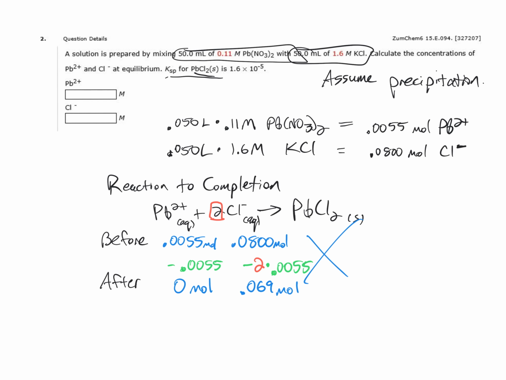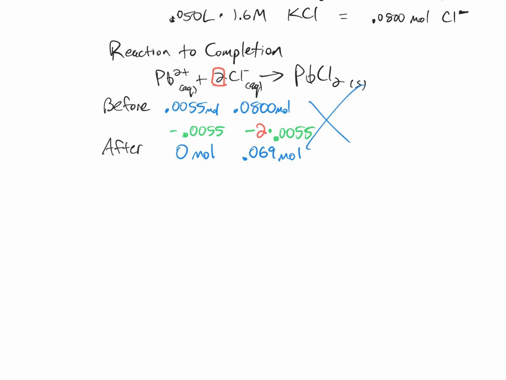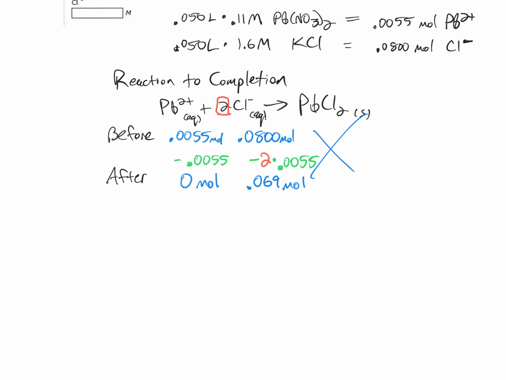Okay, now at the end of a reaction to completion, we have a certain number of moles of both lead-2 ion and chloride ion. Well, we can write an ICE table with the salt that forms.